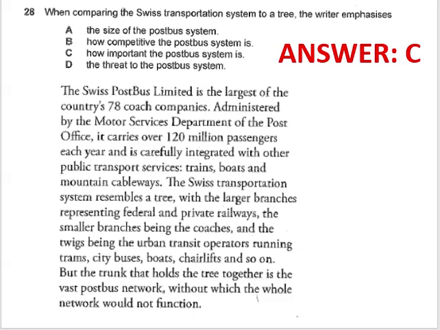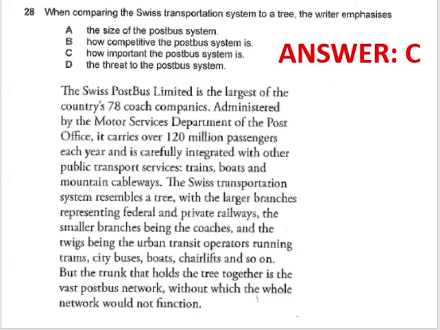So let's read the passage which contains this information about the transportation system and the tree. So clearly I can see that the word tree is given here and the words Swiss transportation are given here. So let's continue reading. The Swiss Post Bus Limited is the largest of the country's 78 coach companies, administered by the Motor Services Department of the Post Office.